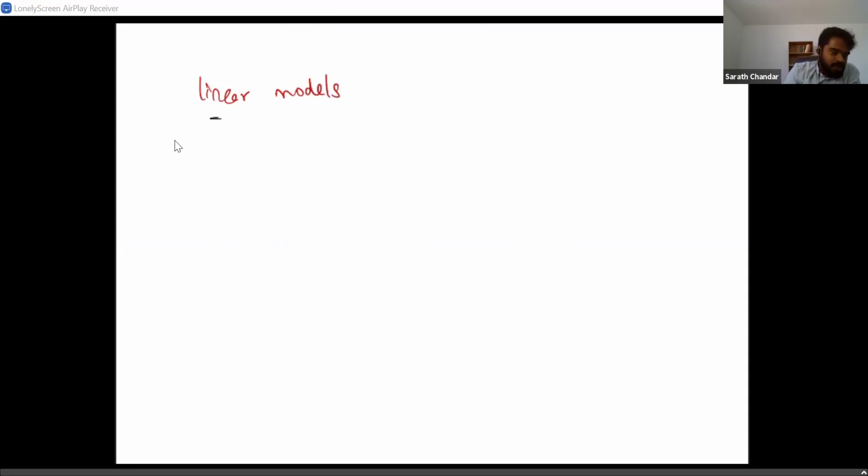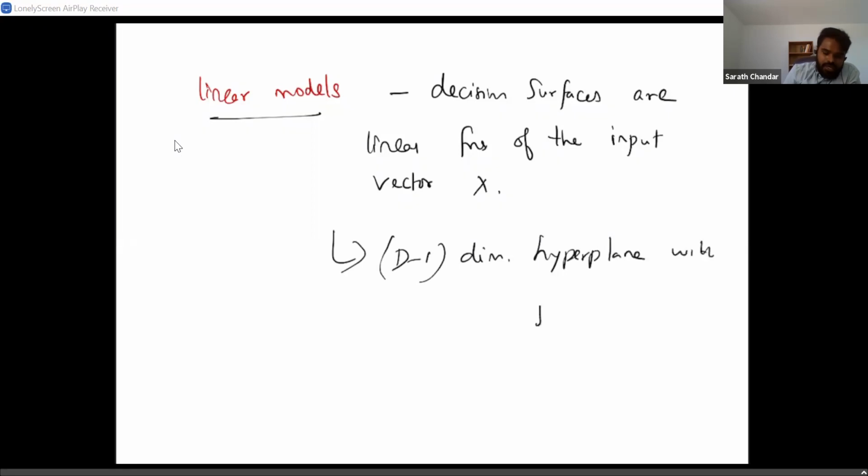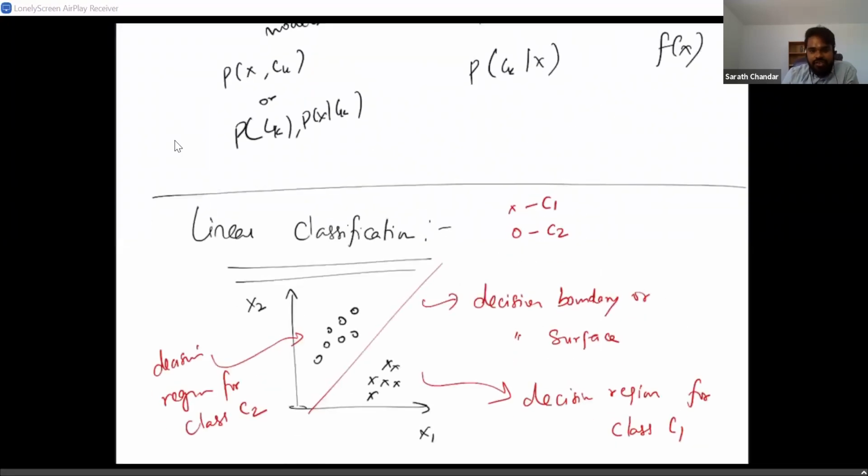In the case of linear models, the decision surfaces are linear functions of the input vector x, and hence they are defined by a d minus 1 dimensional hyperplane with d-dimensional x. In this case, I have a 2-dimensional feature space, right? So the linear decision boundary is 1-dimensional, so it's a line.